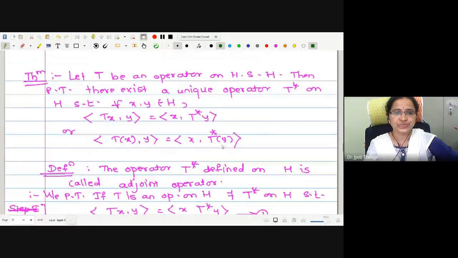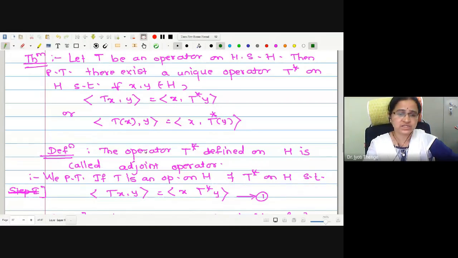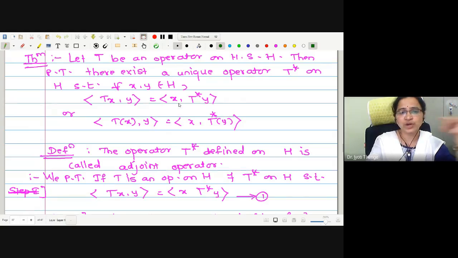Next, we have seen the theorem dependent on this adjoint operator, rather proving its definition. It's an important property. It tells that if T is an operator on the Hilbert space, then there exists a unique operator called T star on H, which gives the property inner product of Tx with y is equal to inner product of x with T star y. Here Tx is just a symbol we have used for T operated on x, T of x.